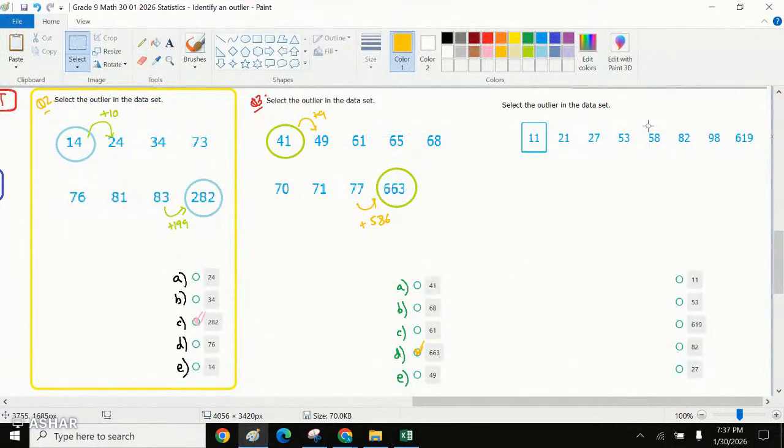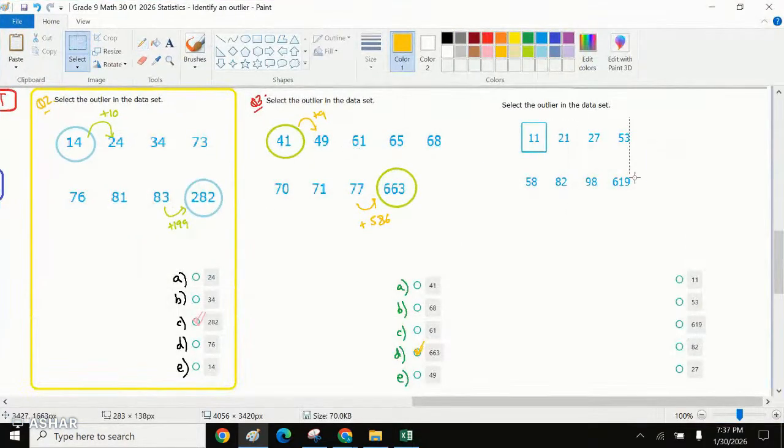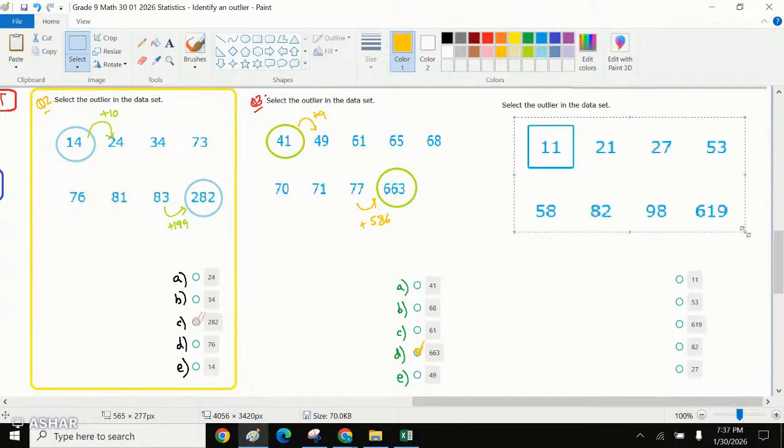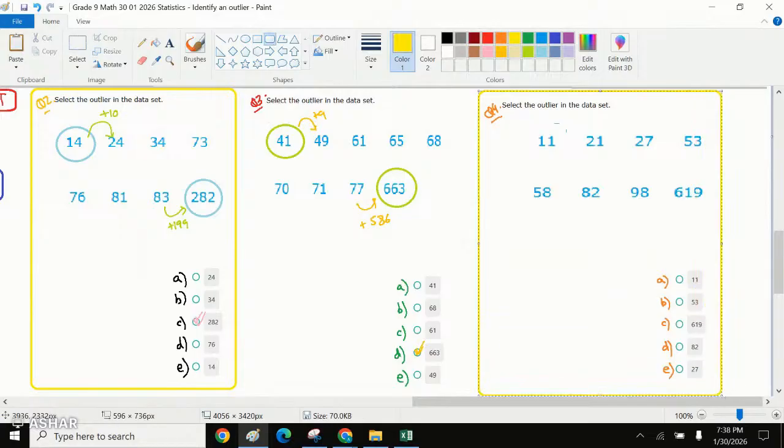Out of these numbers, which number should be an outlier? Would it be option A, B, C, D, or E?